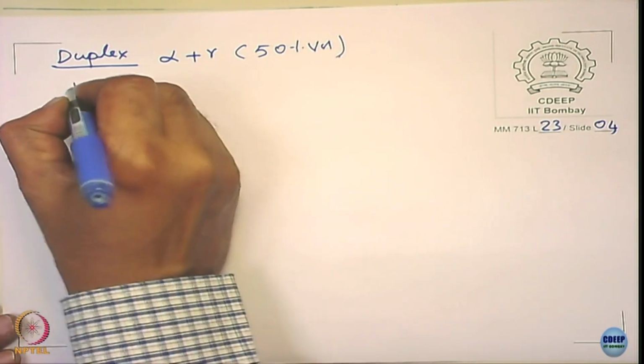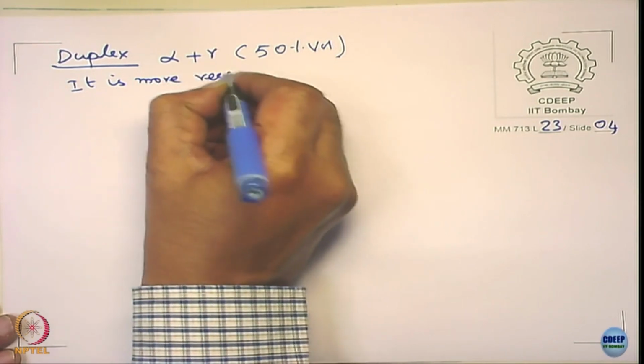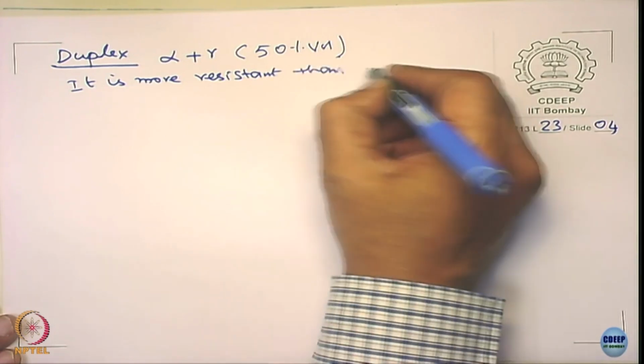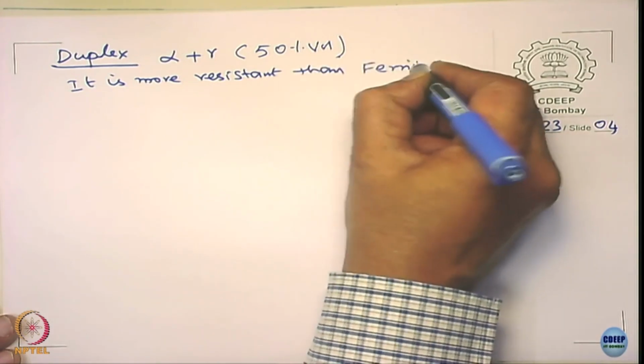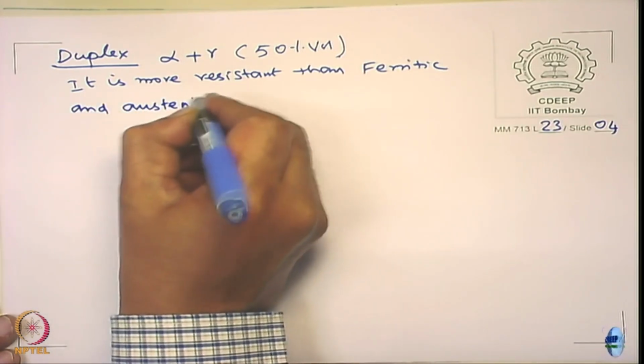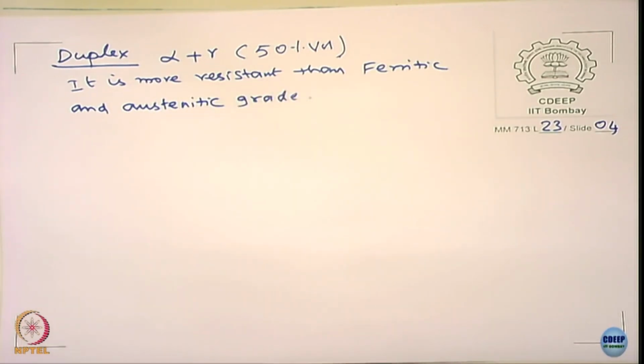It is more resistant than ferritic and austenitic grades. It's a very interesting thing actually, right. Ferritic stainless steels are more prone to sensitization, austenitic stainless steel is also prone to sensitization, but when you have two phases in the alloy, they are better than both of them actually.